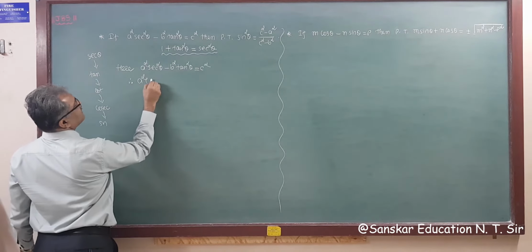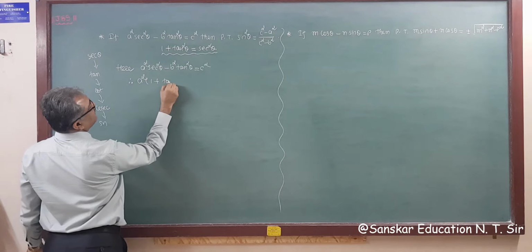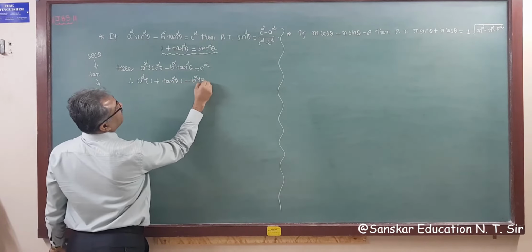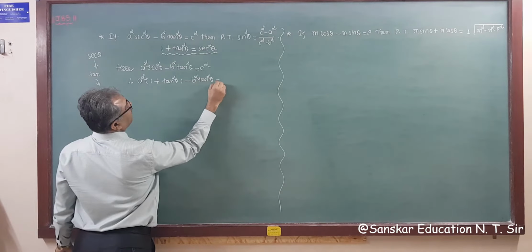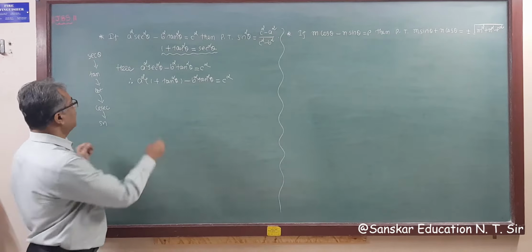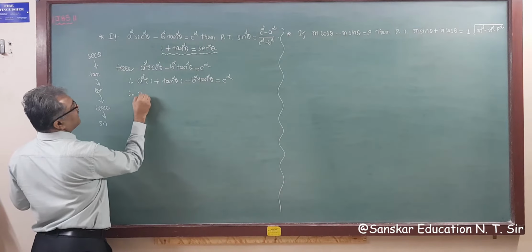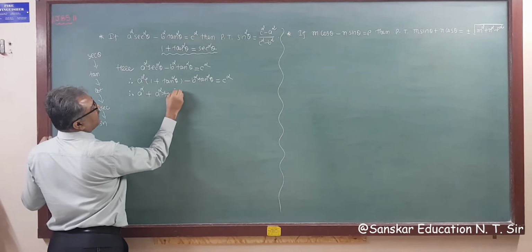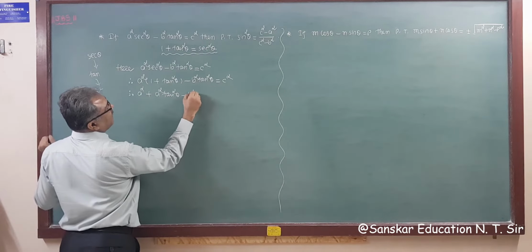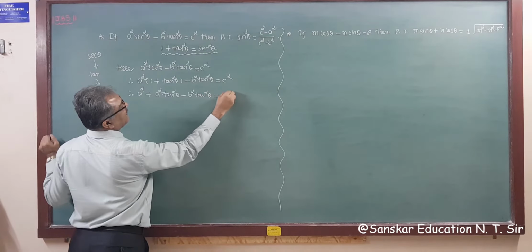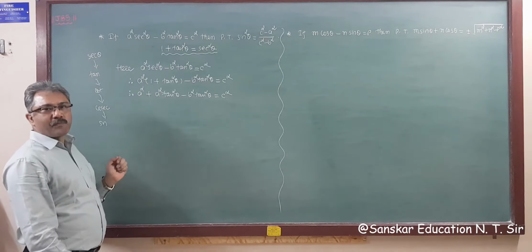So this is a square into 1 plus tan square theta minus b square tan square theta is equal to c square. Now multiplying this, a square plus a square tan square theta minus b square tan square theta is equal to c square.